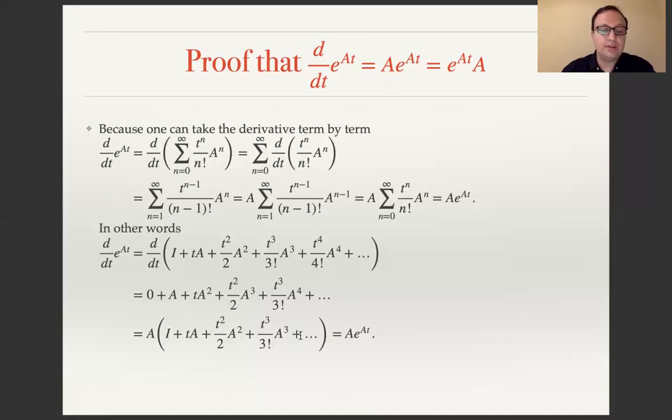And what is in this parenthesis is, again, the matrix exponential. So this is a times e to the at. This is the same thing, but without using the summation notation.